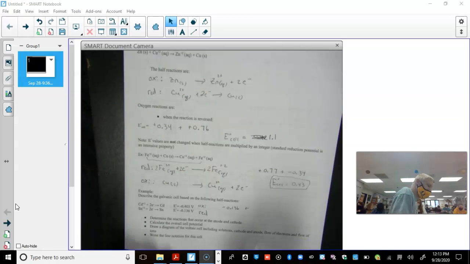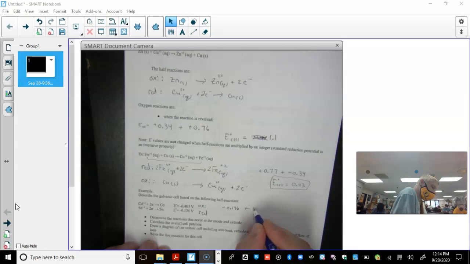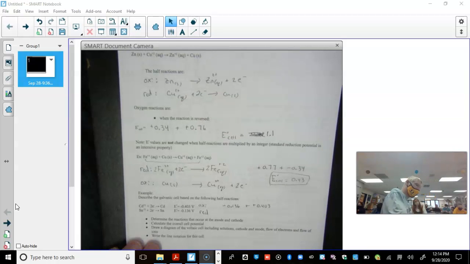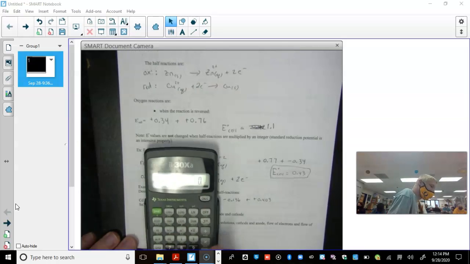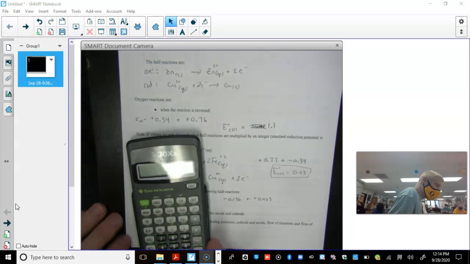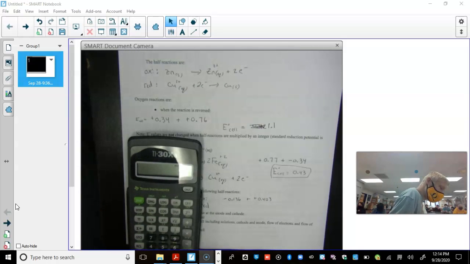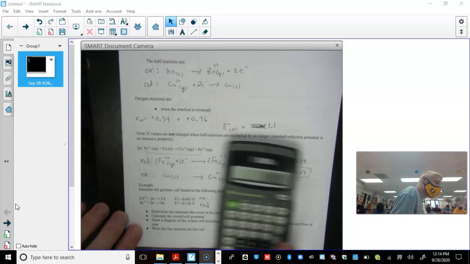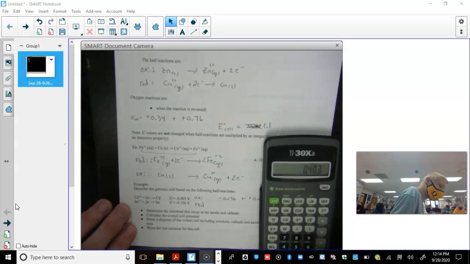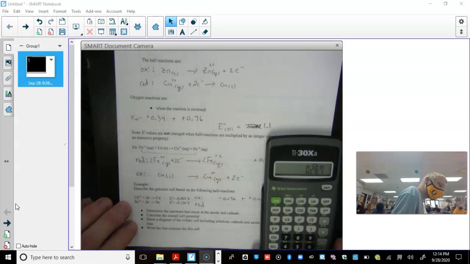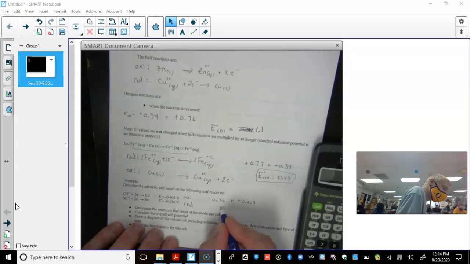It's got to be positive. So we flip the sign, negative turns positive, positive 0.403. Now that looks like we're going to get an answer that fits the theory. 0.403 minus 0.136 is 0.267. Is that what you guys got?